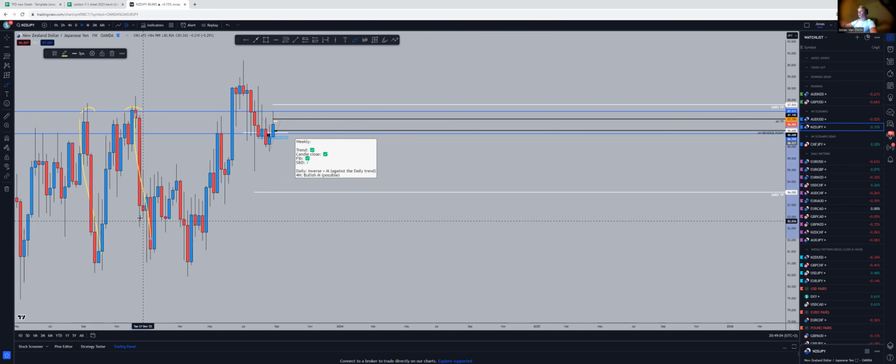So that's the reason why there are still some sellers kicking in from that region. And that's why we also came a little bit more back, because the weekly is still bullish, of course, but this selling zone got triggered some institutions to sell some orders, or yeah, some retail traders.